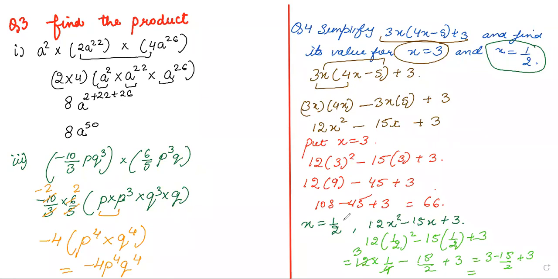Yes, on solving this, we get, very good Akshita, minus 3 by 2. Very good Anshika. On solving this, we get minus 3 by 2.